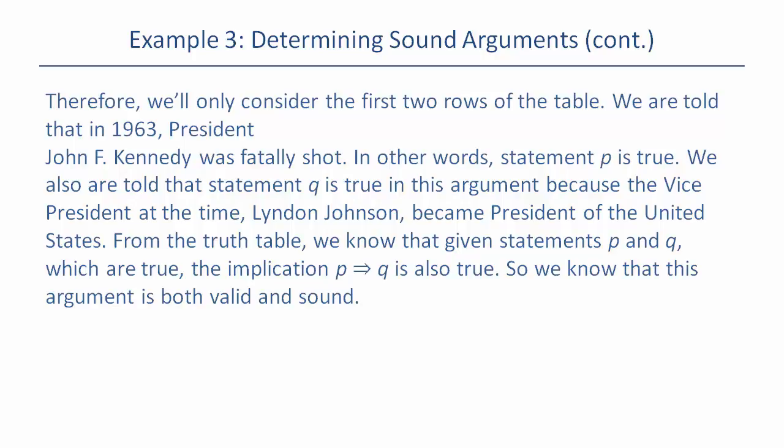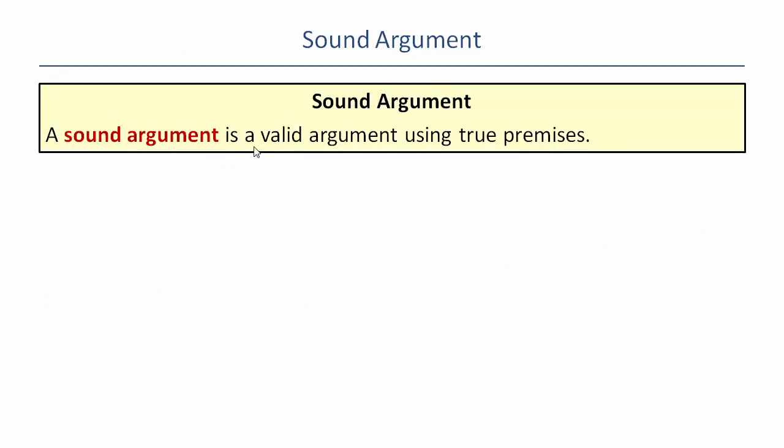And from the truth table, we know that when statements P and Q are both true, the implication P implies Q is also true. So this is a valid argument, but because we started with a true statement of P, it's also a sound argument, right? The only difference between a sound argument and a valid argument is that a sound argument is a valid argument that uses true premises. So it's valid, but it also works in the real world, so to speak.